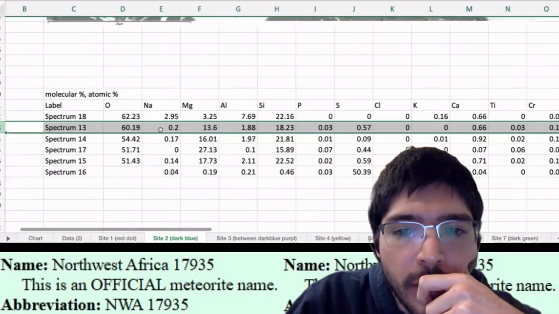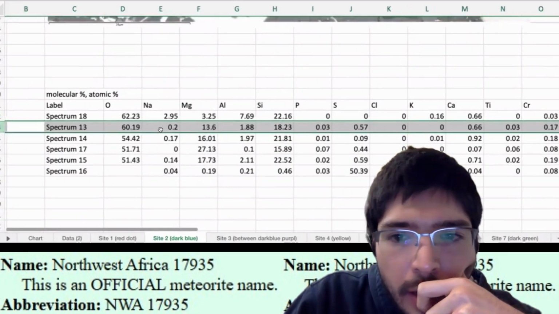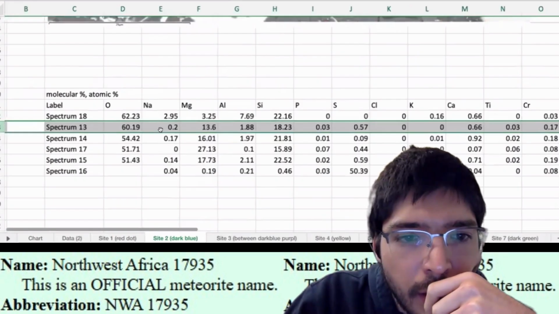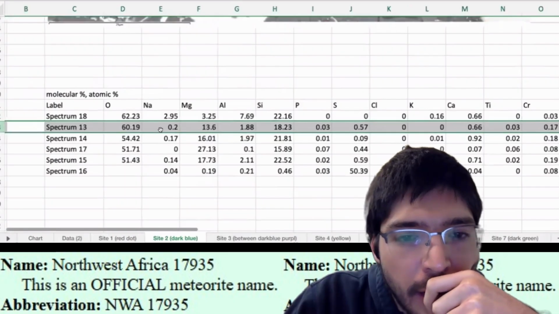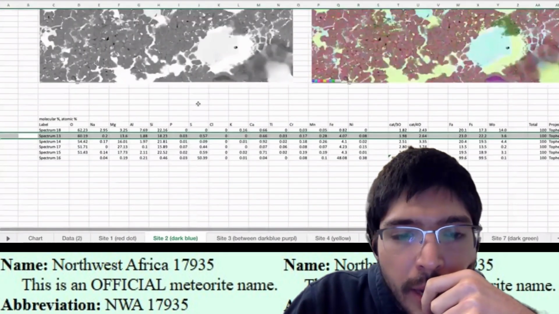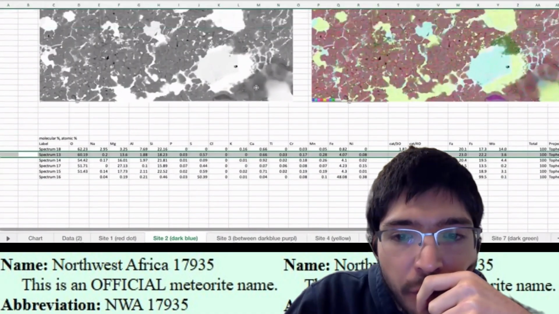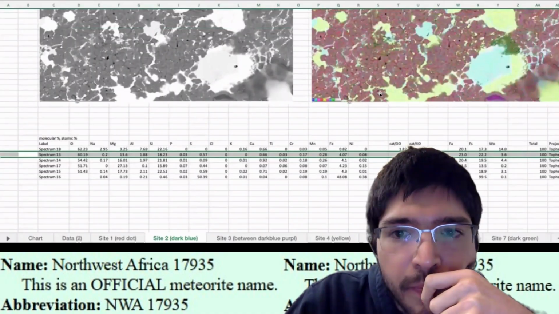So if we look at the composition, it almost resembles that of a pyroxene, but there is significant amounts of aluminum in there, and there's a little bit higher sulfur. So it might not be a clean analysis, but this might be potentially a high pressure polymorph mineral phase like majorite garnet.